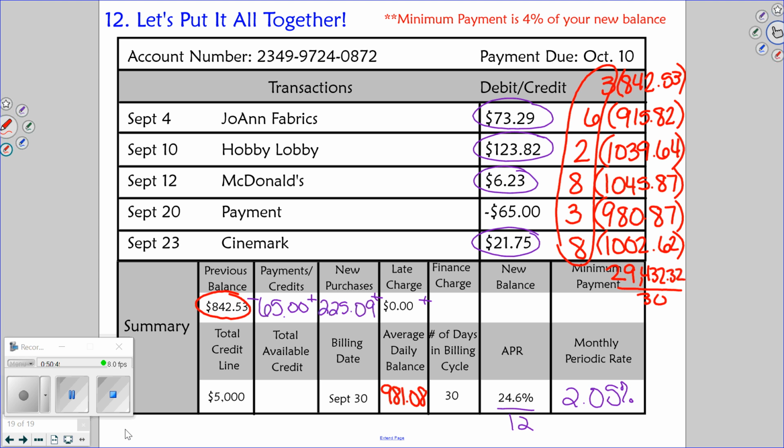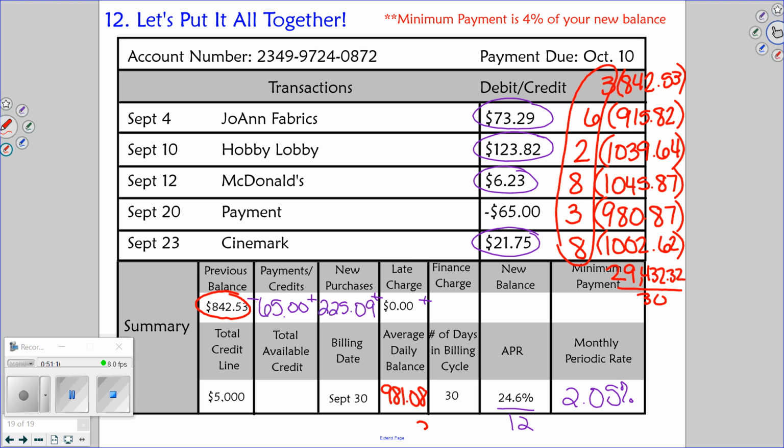All right. Now that you know your average daily balance, you can find a lot more of the info that we couldn't find before. Can you figure out what your finance charge is now? The green sheet tells you how to find that finance charge. You take your average daily balance and multiply that by your monthly interest rate.